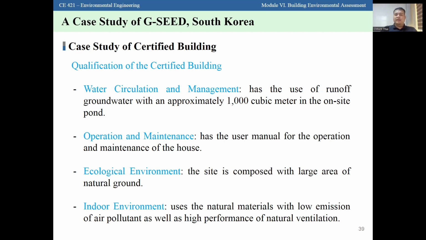The site is composed of a large area of natural ground with ponds, trees and greens around the buildings. And for the indoor environment, due to it being a traditional house, they use natural material such as wood with low emission of air pollutants, as well as high performance of natural ventilation.